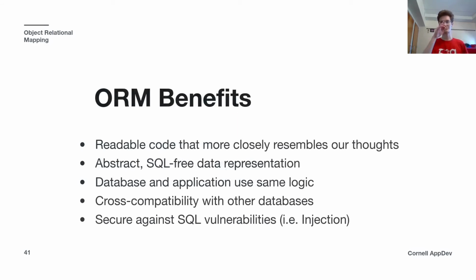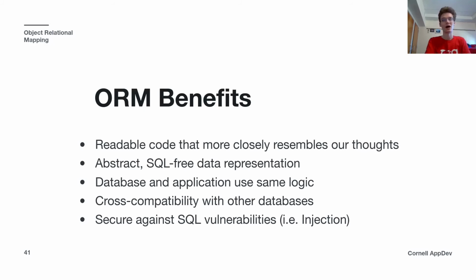So there's several benefits to object relational mappings. I think it's worth noting before these next two slides that a lot of app dev is in the pocket of big ORM, so to speak. I am a little less pro ORM than they are, but I think that they are very useful still.